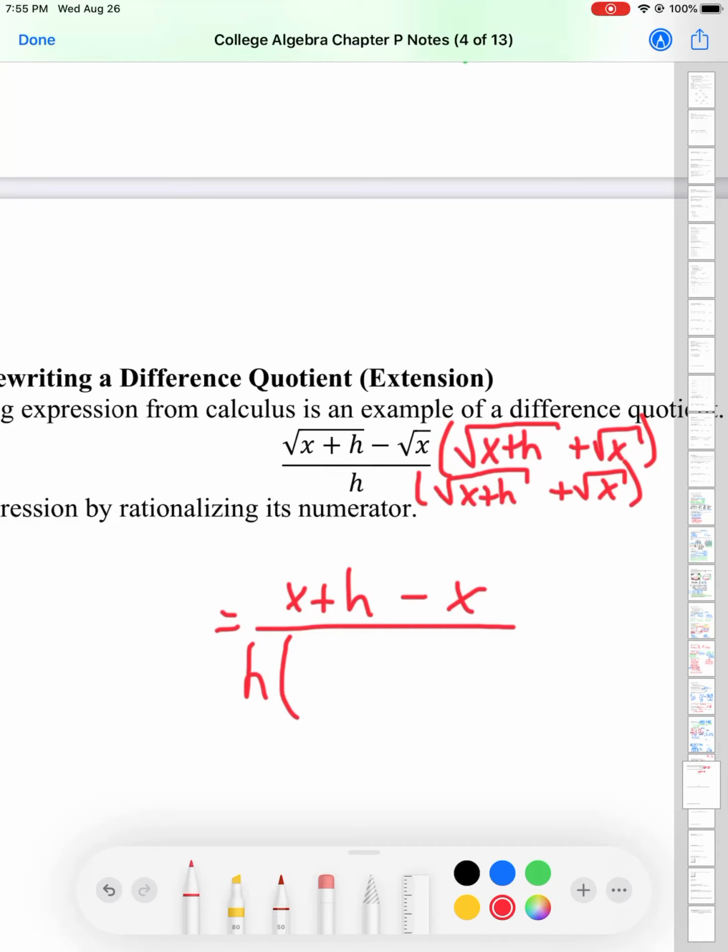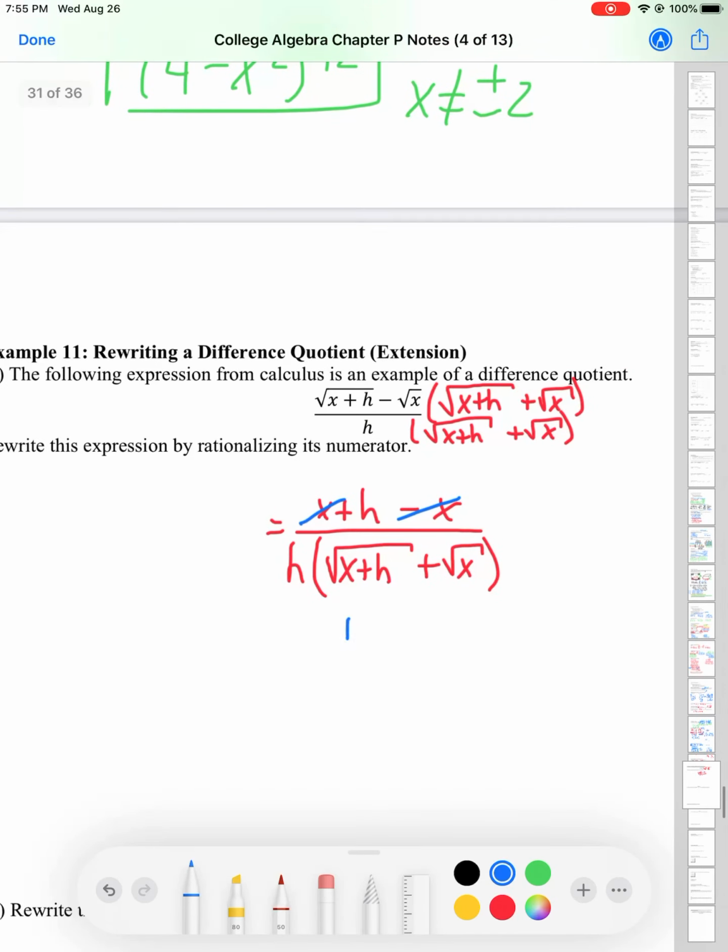What we're going to do is leave the bottom factored. So what happens is your x's on top cancel, and then you have h over h times (the square root of x plus h plus root x).